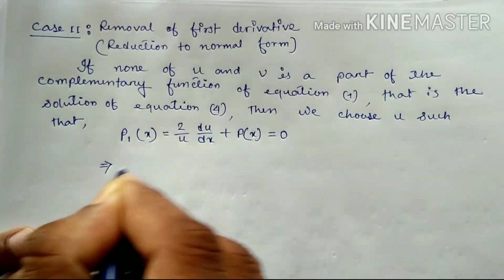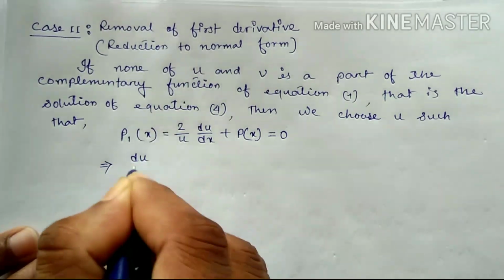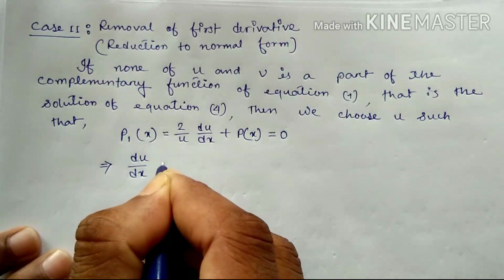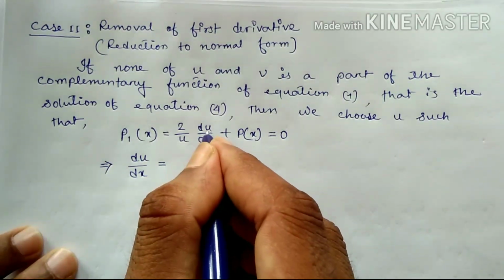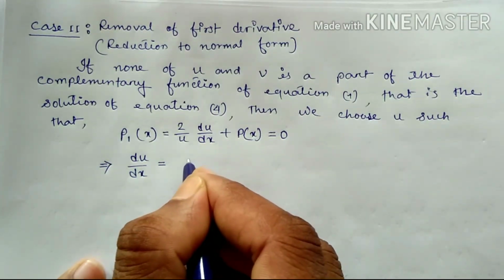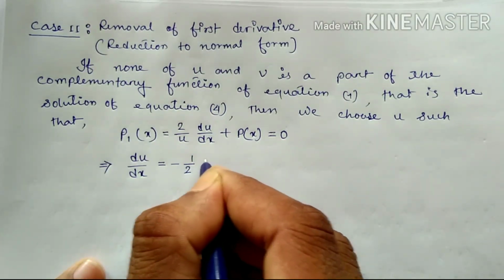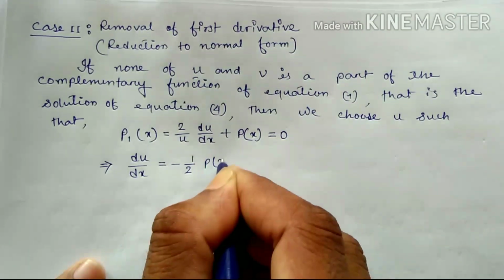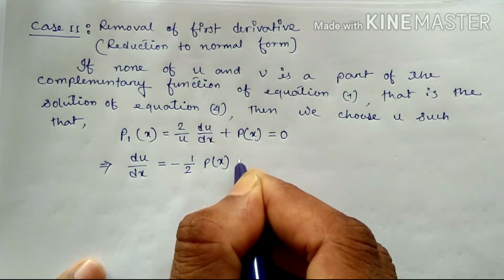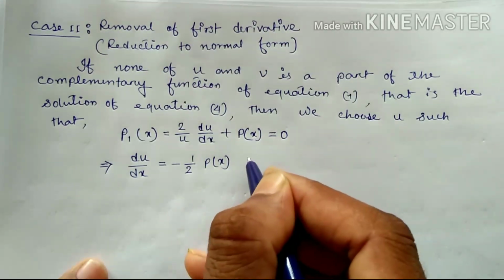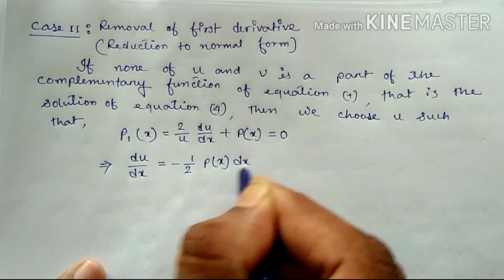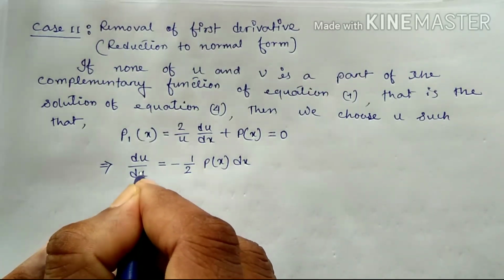This implies that du upon dx is equal to minus 1 by 2 p of x dx, that is du by u.